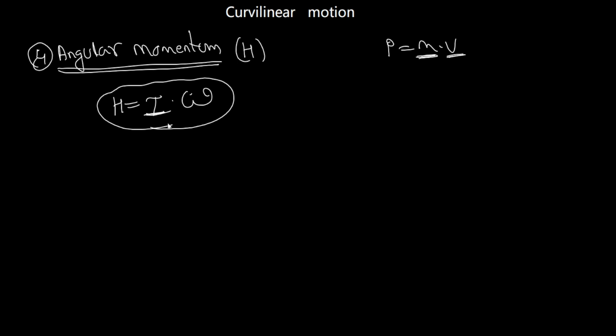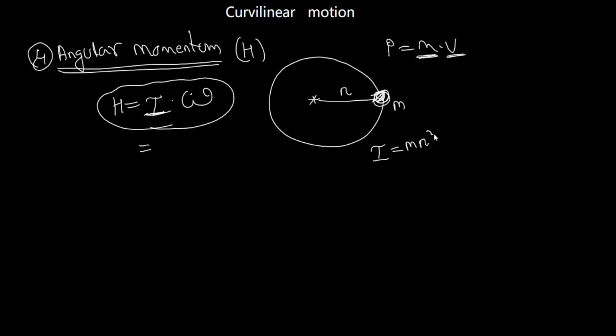So for a particle, because we know v is equal to r omega. Getting my point? For a particle, if this is the center and the particle is rotating in a circular path at a distance of r, and this particle has a mass of m, then the mass moment of inertia is nothing but m r square, which is similar to the formula of mass moment of inertia of the ring.